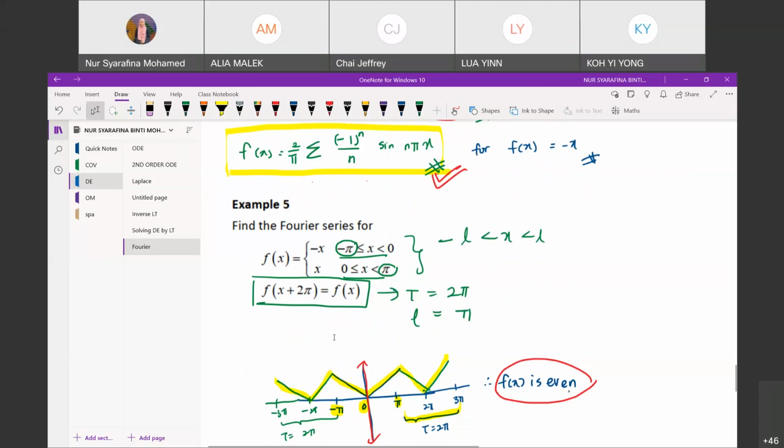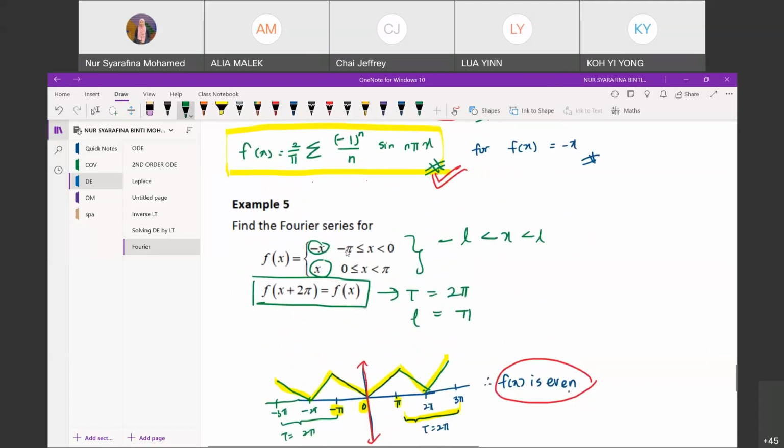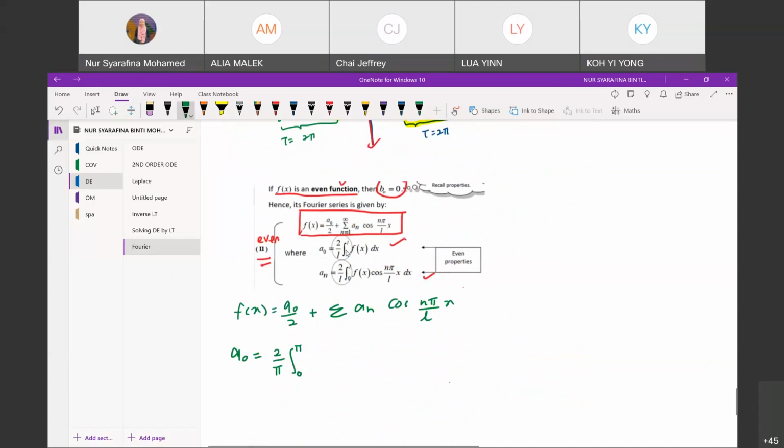Okay, so because we have two functions here, you need to know which function you can choose by looking at the range in the integral here. So the integral is from 0 to pi, then it involves only x. So your fx here is x dx. So this is for a naught.